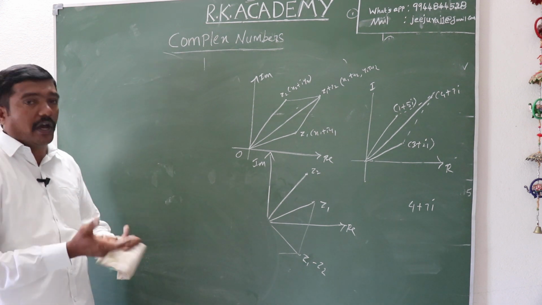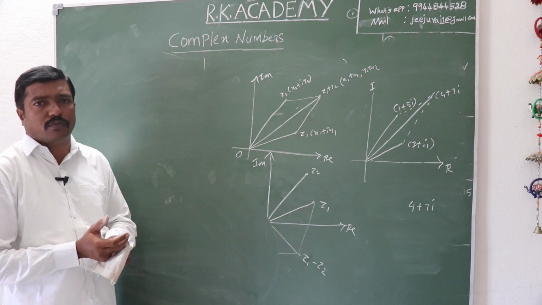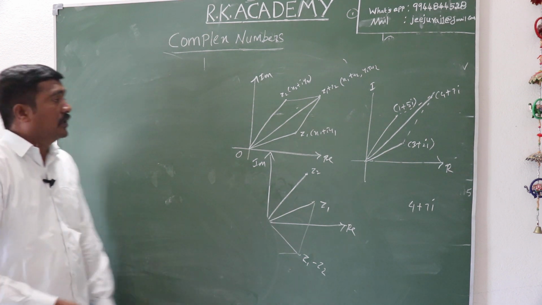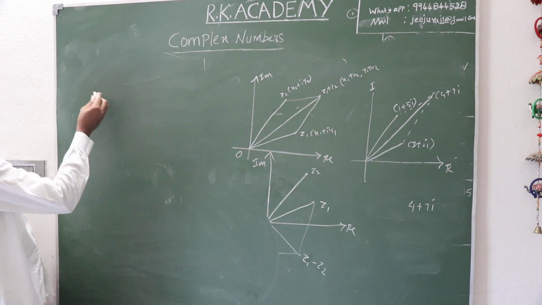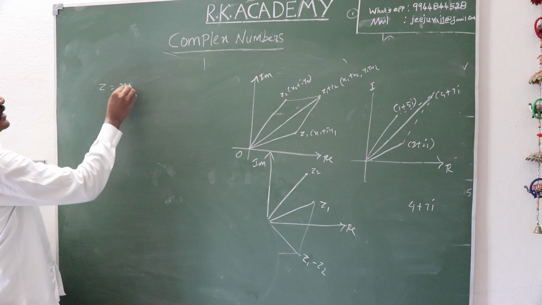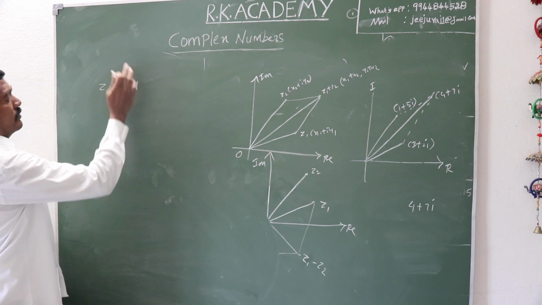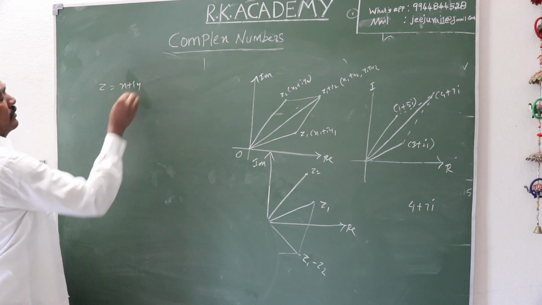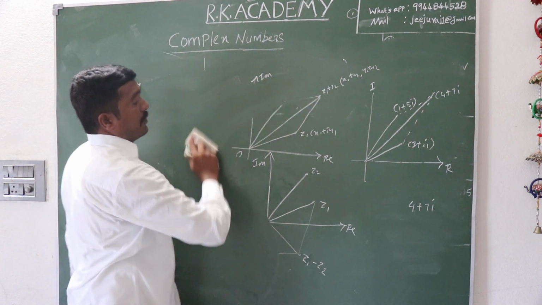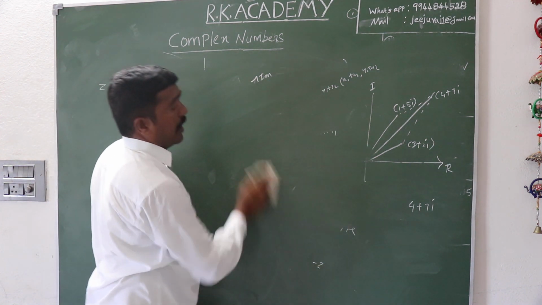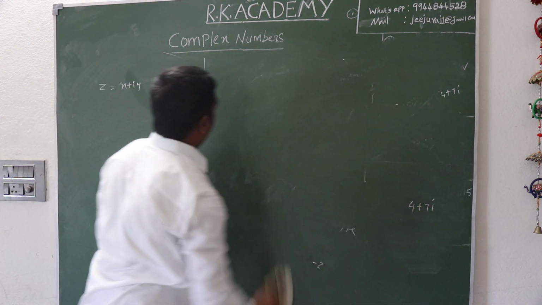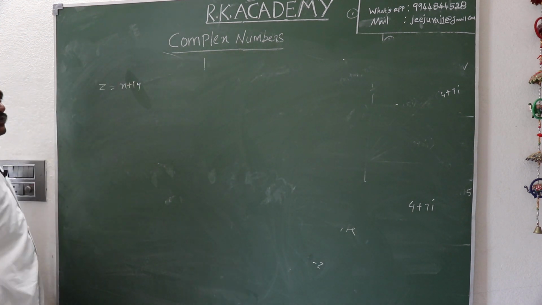Multiply by i value for a complex number. How to multiply by i? Listen, multiply by i. z is equal to x plus iy. Now I am going to multiply by i. What happens? Listen, it's first quadrant.